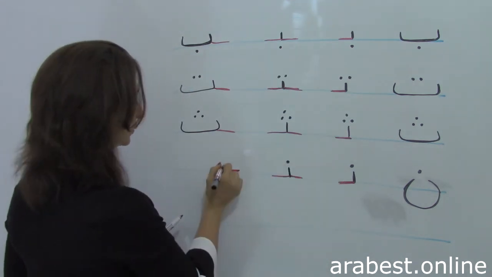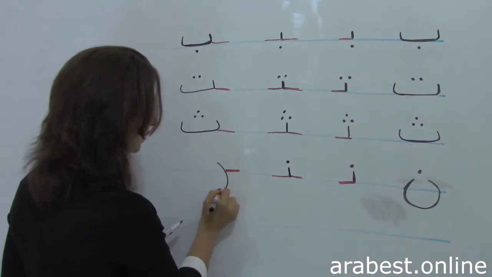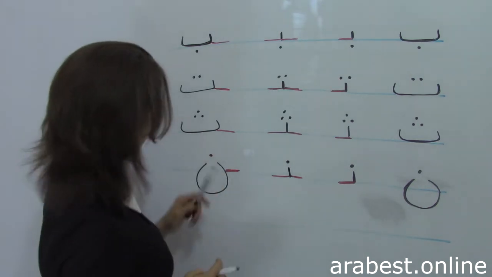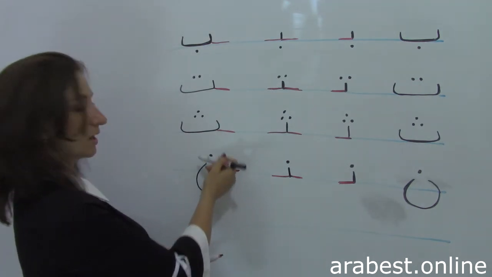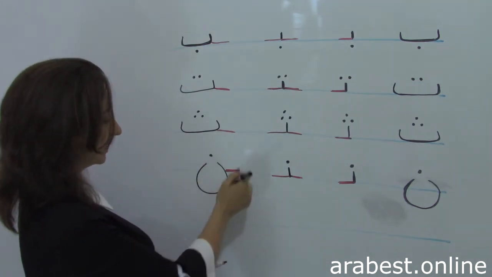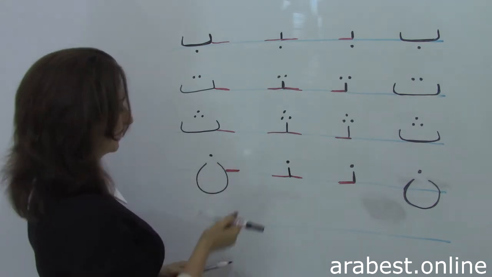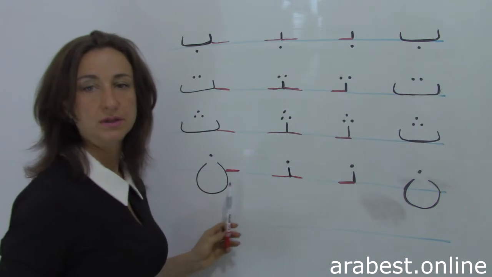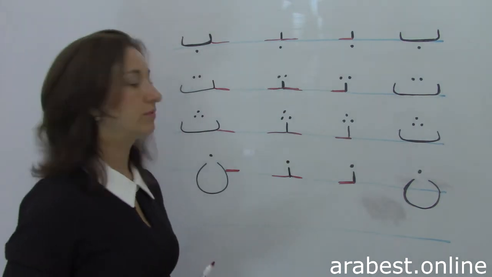So letter nun will bring back all its perfect form, half the letter up the line, half the letter under the line. Letter nun in its three forms in the word.